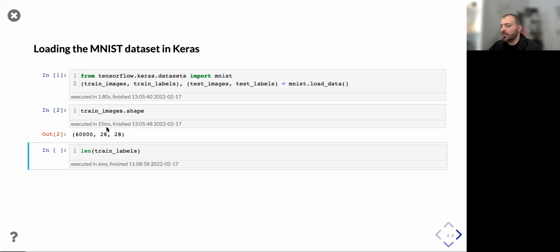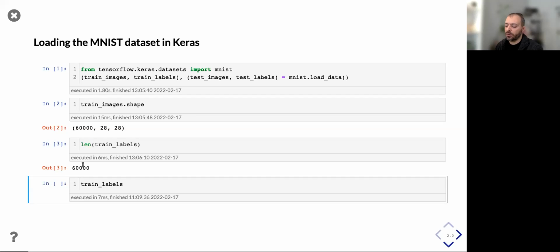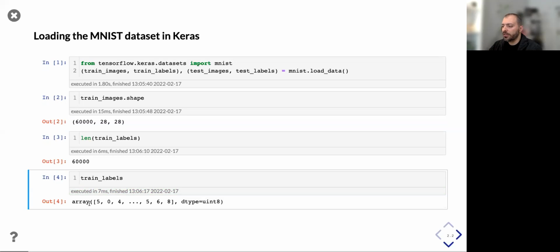Then we will see the length of the train labels, how many labels we have. It should be equal to the number of images, so 60,000. And we will see what these labels look like. These labels are just numbers. For the first image, we have the number 5, for the second the number 0, etc. So the idea is that we have one label, one number, corresponding to each image.